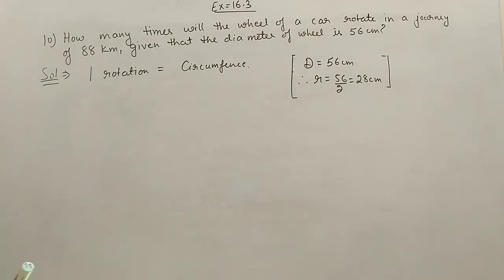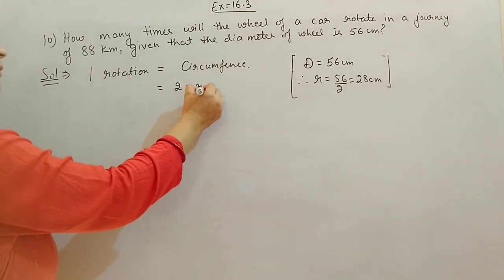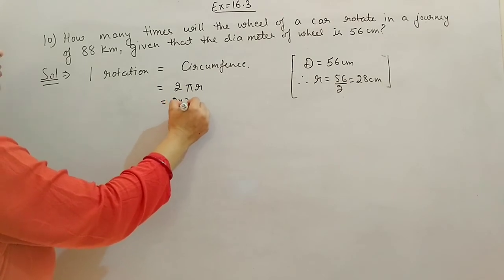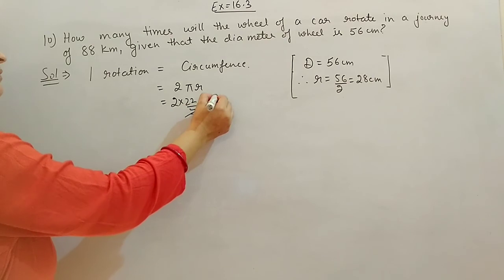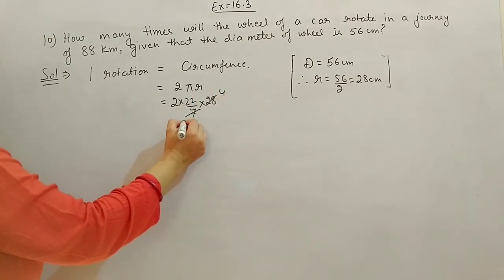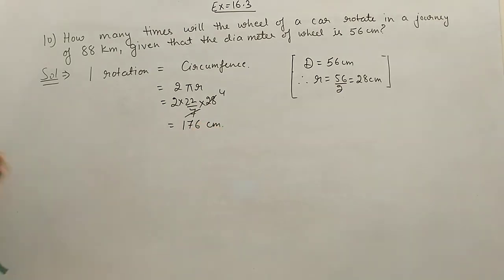So first we will find the circumference. Circumference is equal to 2 pi r, 2 into 22 by 7 multiplied by 28. You can cancel 7 fours are 28. Multiply to get 176 centimeter. So one rotation is equal to 176 centimeter.